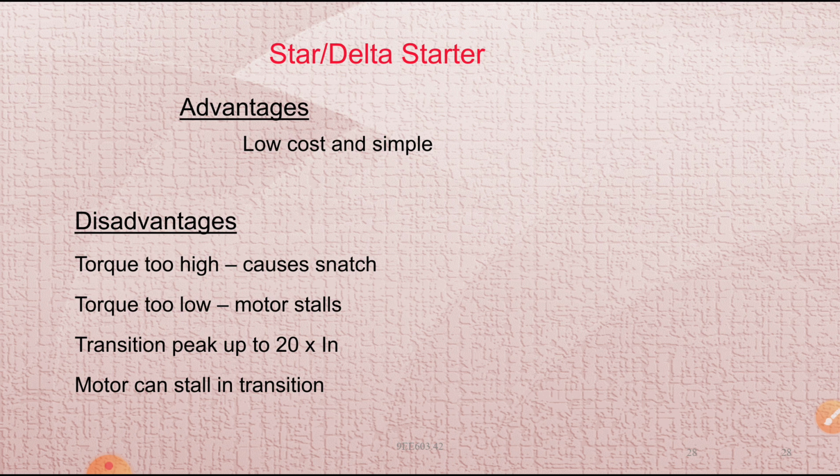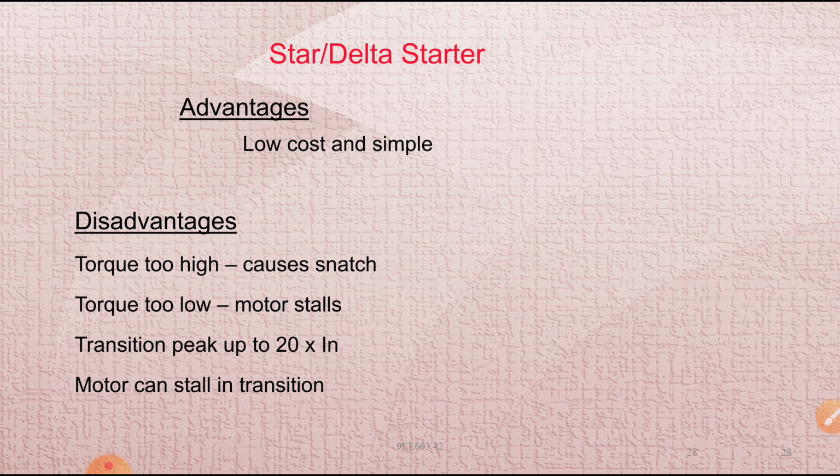If the resistance is provided, the current passes through it, heat is generated, and loss may occur initially. Here there is no loss, as there is no resistance component itself. We simply change the connection from star to delta. So this is regarding the star delta starter.